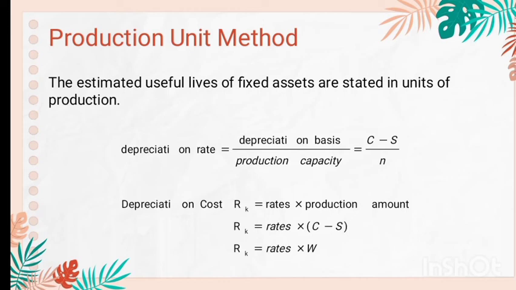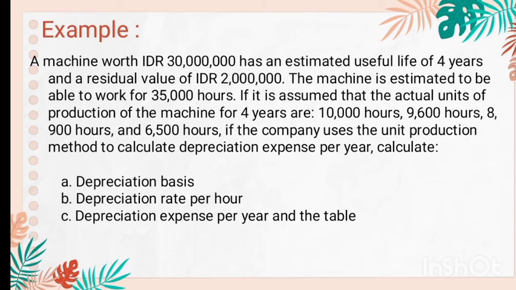Depreciation rate equals depreciation basis divided by production capacity, equal to C minus S divided by N, and depreciation cost RK equals the rate multiplied by the production amount, or RK equals rate multiplied by C minus S, or rate multiplied by W, the depreciation basis.